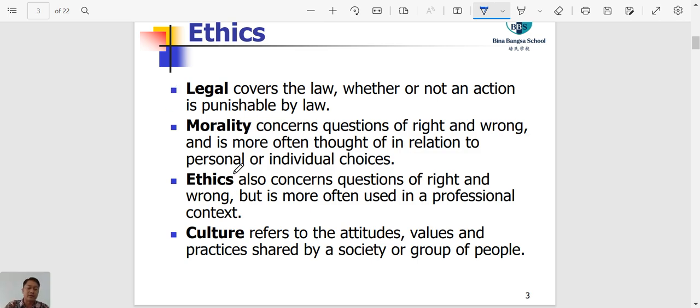But our main focus is on ethics, which concerns the right and wrong. But in our own context, we are going to talk about the computer science or the IT professional context. And of course, we need to look into what is culture, that refers to the attitudes, values, and practices shared by a society or group of people.